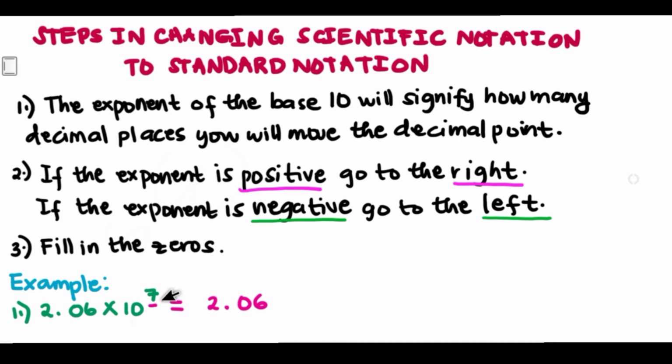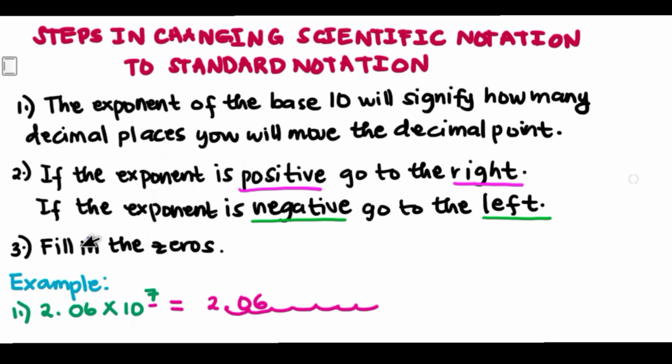Since 7 yan, so 7 po yung pag-move natin. So, if the exponent is positive, go to the right. Since positive yung 7, punta raw po tayo sa right. Ilang places? 7. So, 1, 2, 3, 4, 5, 6, and 7.